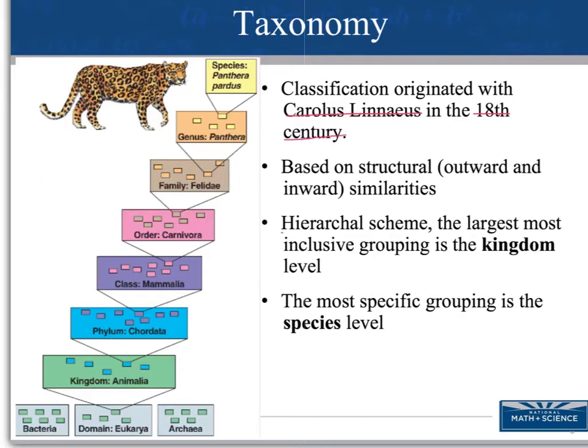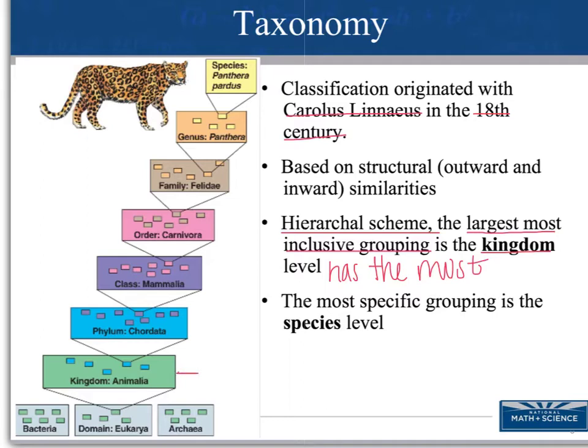It is a hierarchical system, so the largest and most inclusive grouping, the one that contains the most organisms, would be the kingdom. Okay, and if you look at the little diagram, then this is where we're starting.